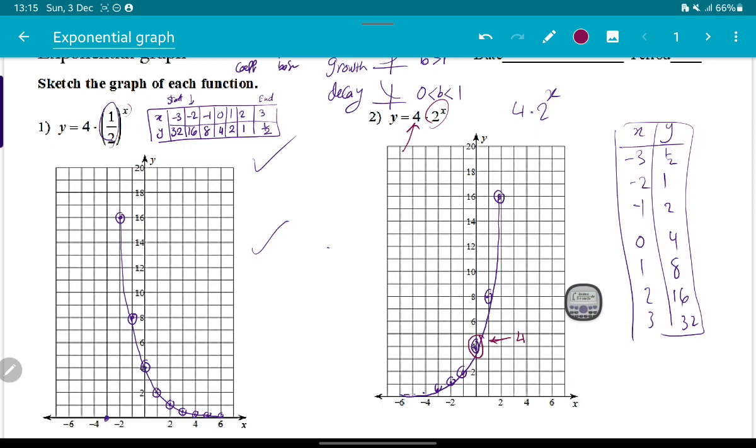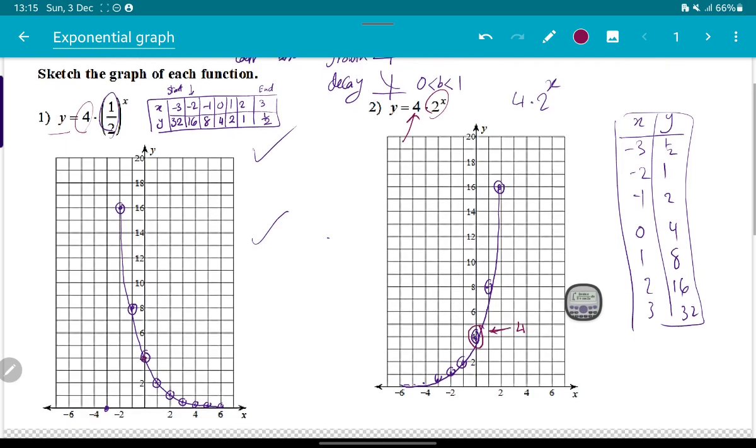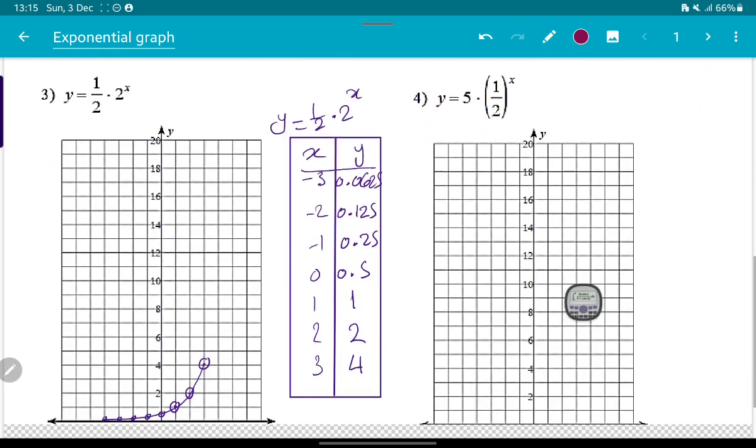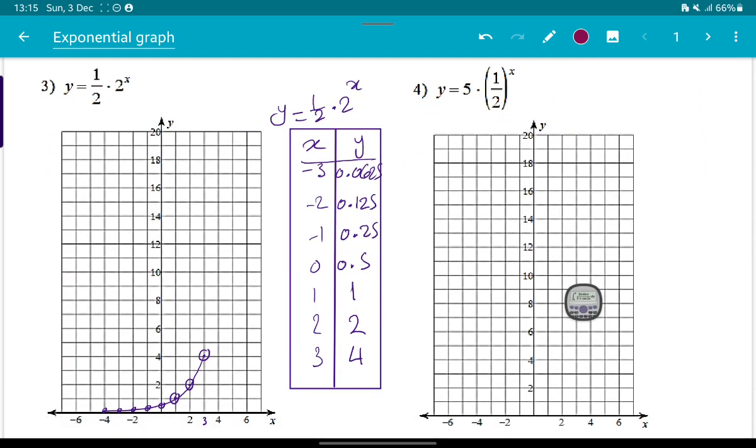When x equals 0, this will be 1, so the y-intercept will be 4. That's why the graph passes through the point (0, 4). You can try this, and this is the right answer.